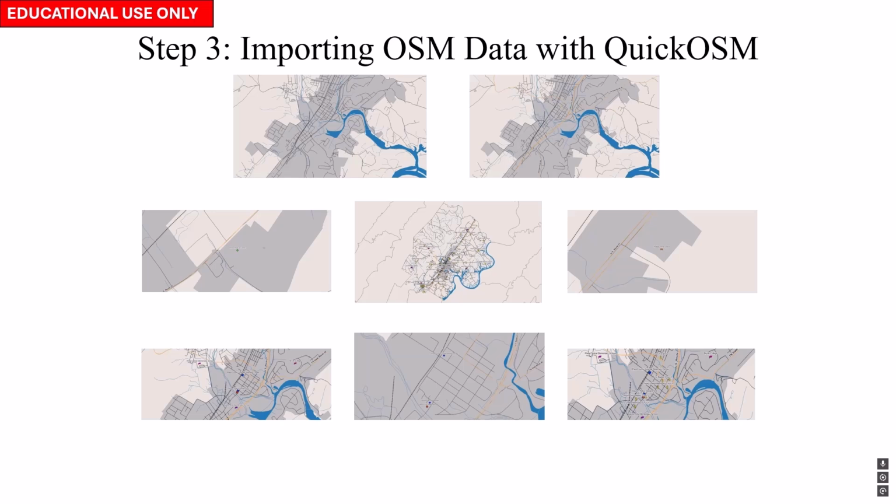So in the top left, you can see my mapping queue just before I added my OSM data, and then to the right of that top left map, you can see the inclusion of the state routes.